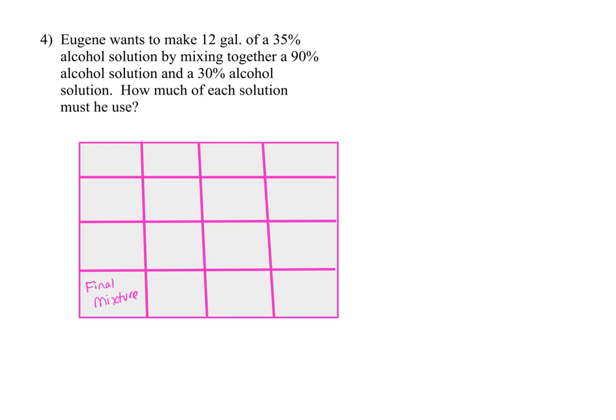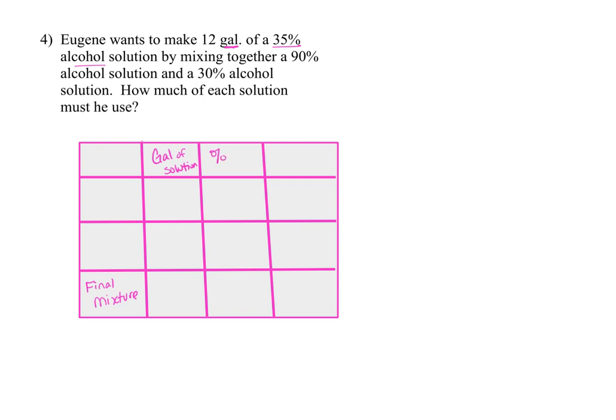So let's read this. Eugene wants to make 12 gallons of a 35% alcohol solution. Let's read that first sentence. He wants to make. Is that going to be something he's mixing or his final? His final. He wants to make it. So this tells us a lot of stuff. Gallons. Well, this is the gallons of solution here. 35% alcohol. Well, that tells us what percent we're talking about.